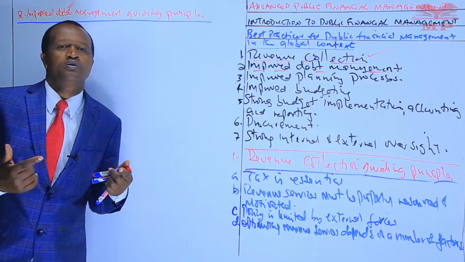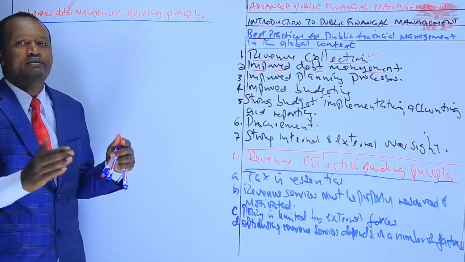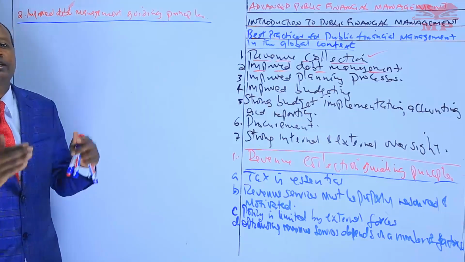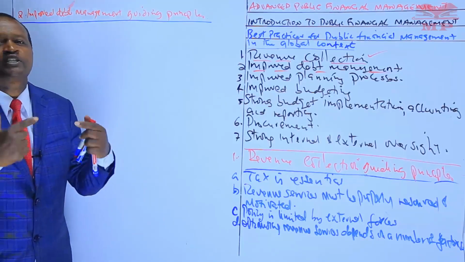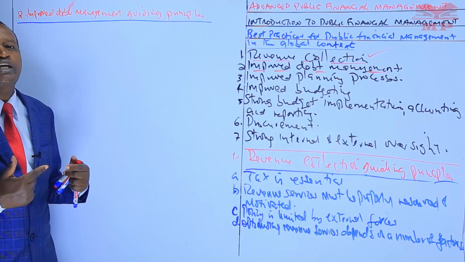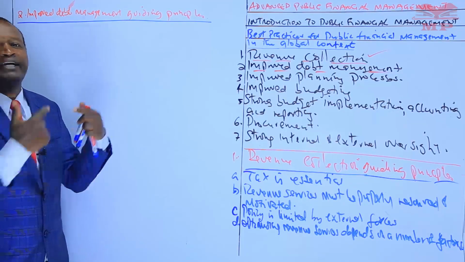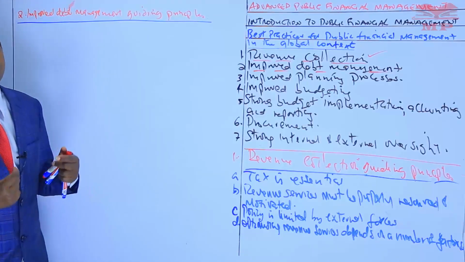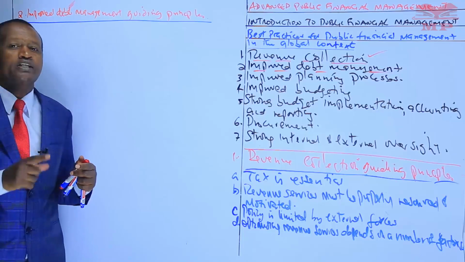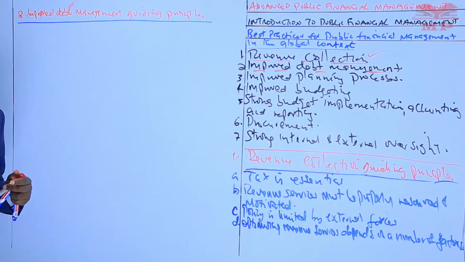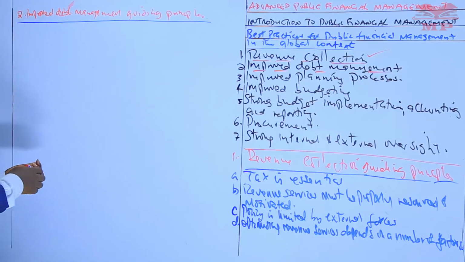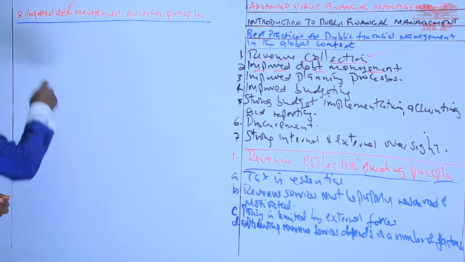Now, the first principle is that government funding activities play a key role in determining the fiscal envelope, also in communicating government policy to the markets, and determining the cost of borrowing in the economy as a whole. That's the first guiding principle.